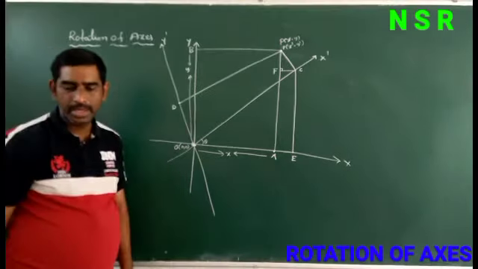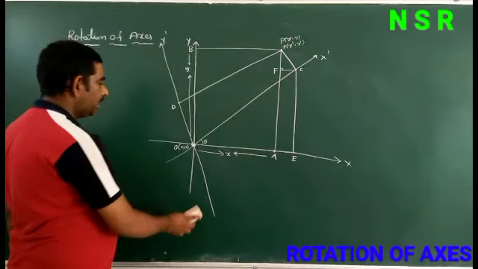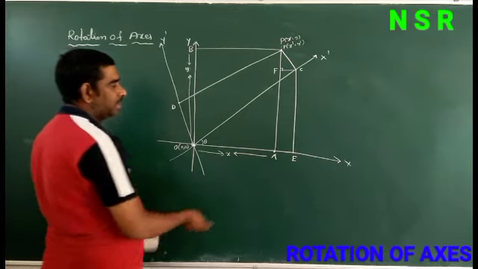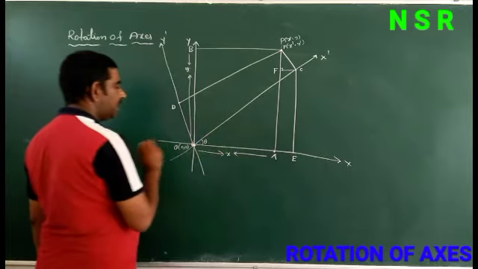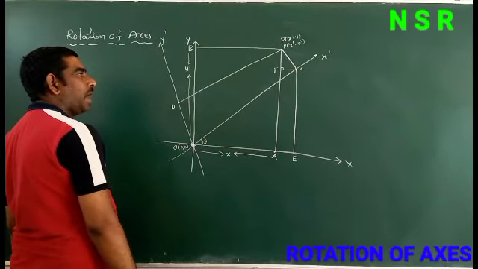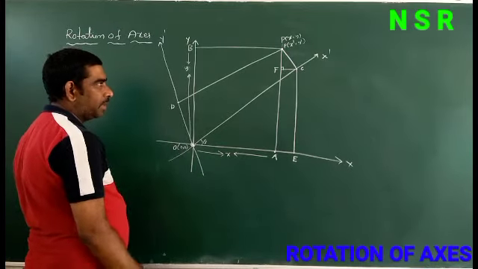The concept is about the angle between the axes, x and x dash. See here, the angle between x and x dash is theta. The angle between the axes is equal to the angle between their perpendicular lines.